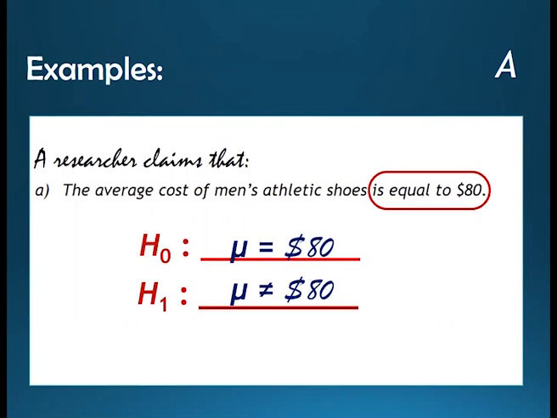Always remember that the alternative hypothesis is the opposite of the null hypothesis. So when the null hypothesis is equal to, then the alternative hypothesis is not equal to. And the claim here is the null hypothesis. Did you get the same answer? Let's try the second example.